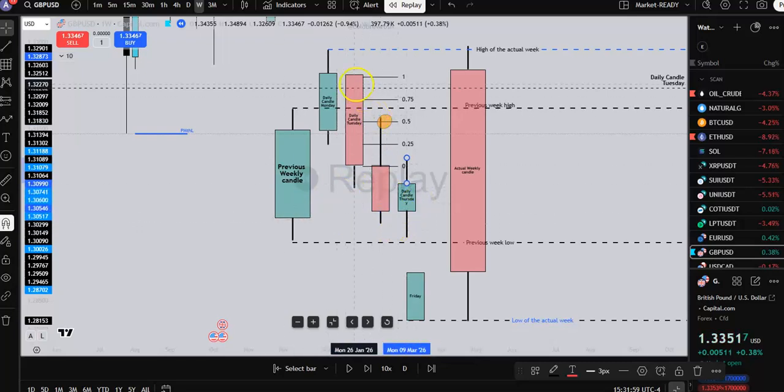But we cannot say that the bearish bias is as strong as at this level. So the level at which the candle closes tells us whether we are bullish or bearish. In the bearish scenario, the candle must close below the previous day high.